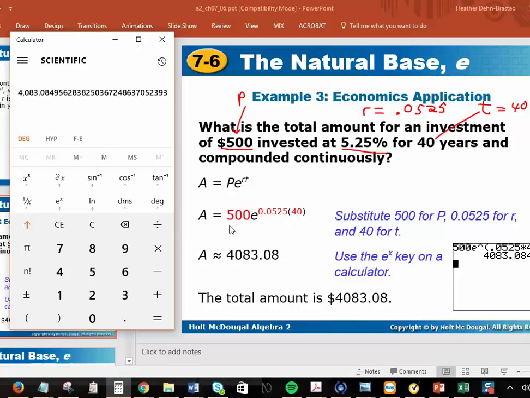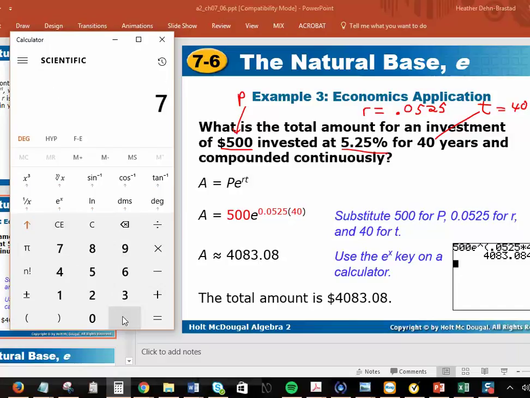If I rounded before that, then my value would be considerably different. Watch what happens if I round too early. 0.0525 times 40 was 2.1, which isn't bad. Let's say that I rounded that to 2, and then I took e to the x, and then I rounded that to 7.4.